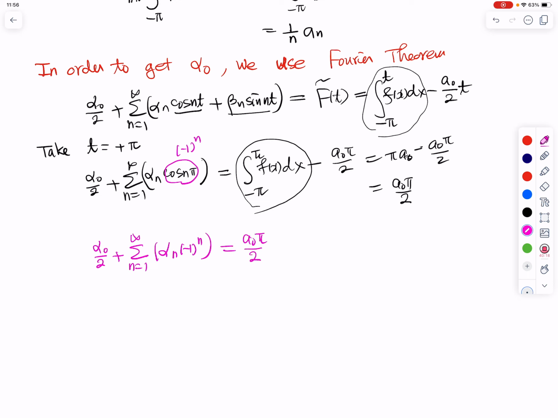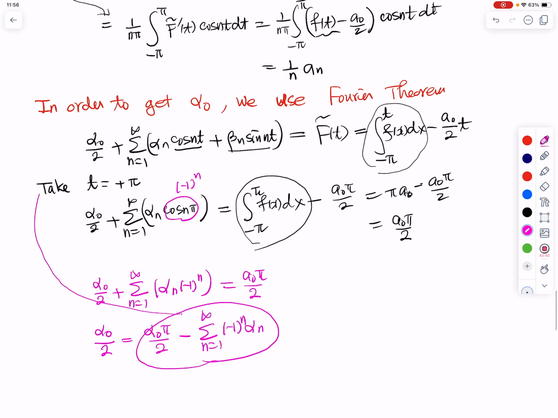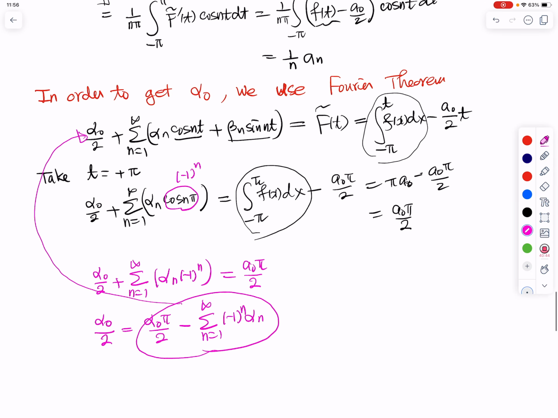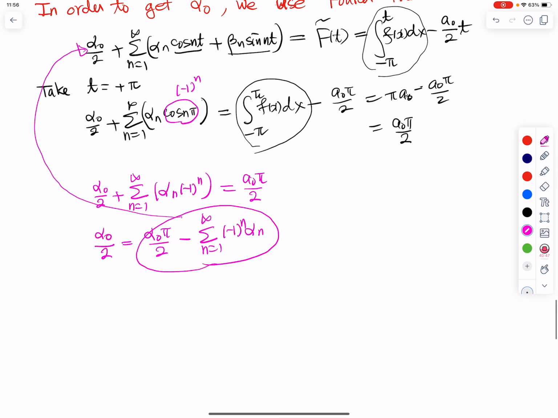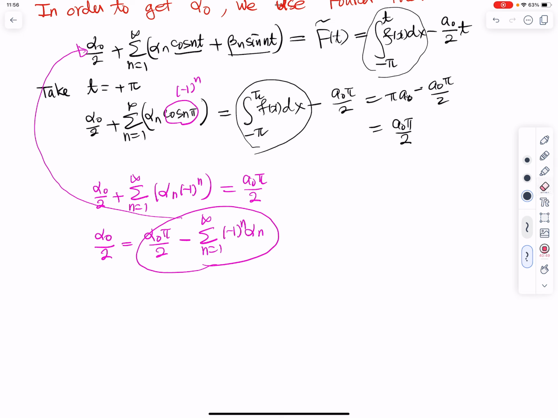So finally alpha 0 over 2 becomes a0 pi over 2 minus the summation from n equals 1 to infinity of minus 1 to the n alpha n. Then you can plug this into the Fourier series, and we are done.